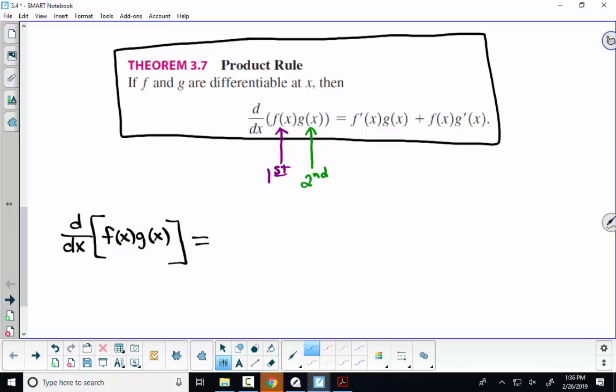The way that's usually remembered is it's the first function multiplied by the derivative of the second function plus the second function times the derivative of the first.